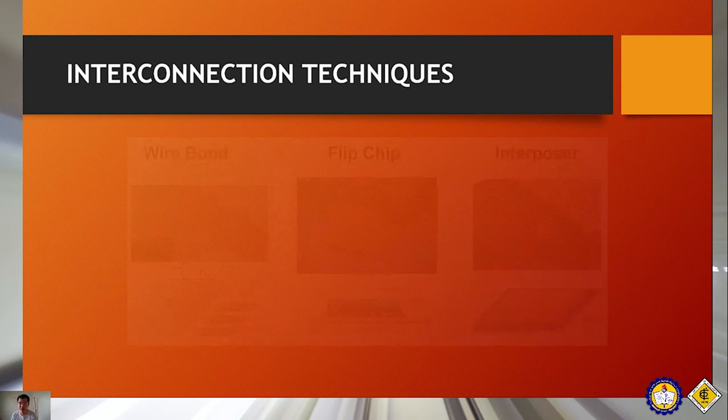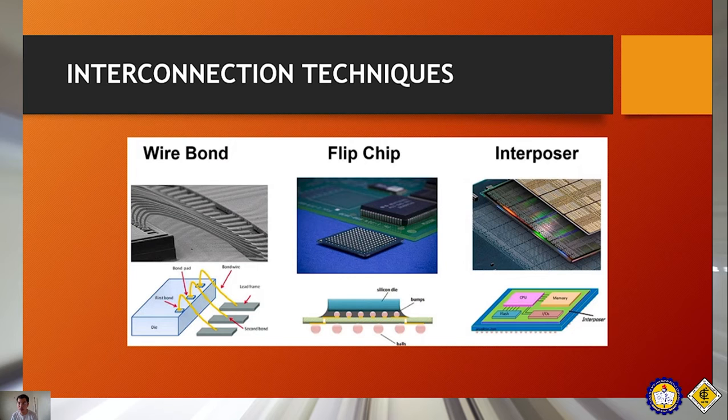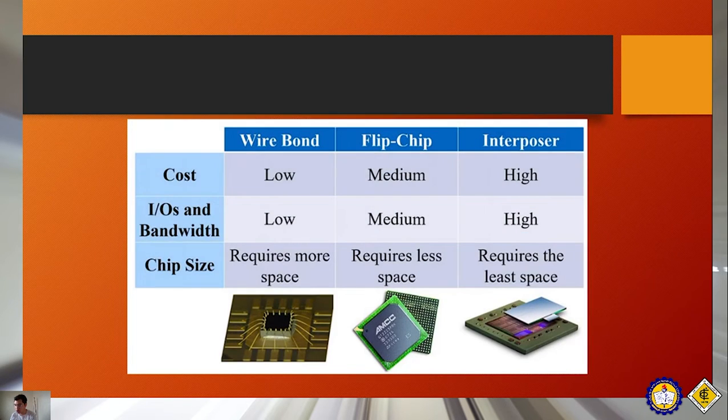Okay, we have there the interconnection techniques. We have here the wire bond, the flip chip, and the interposer. So here, wire bond has a low cost, while interposer needs a high-cost process, or you can buy it at a high cost. And here is the bandwidth.